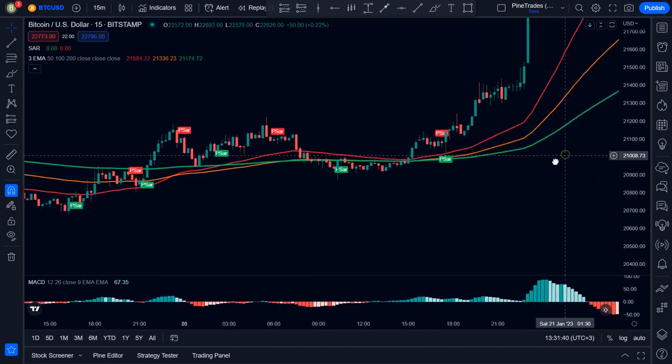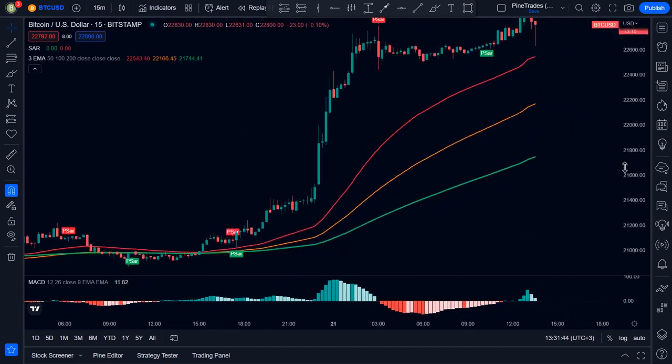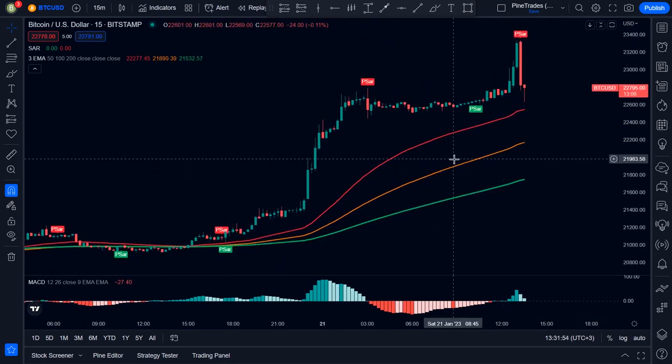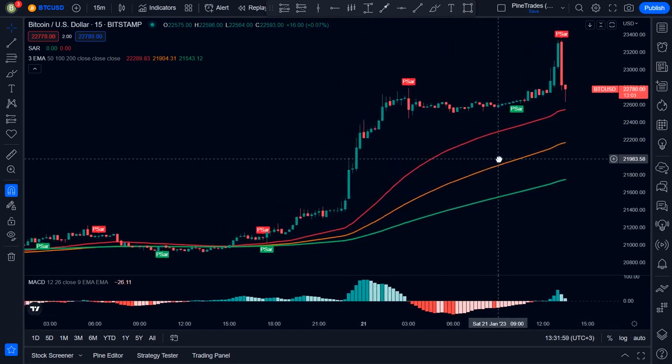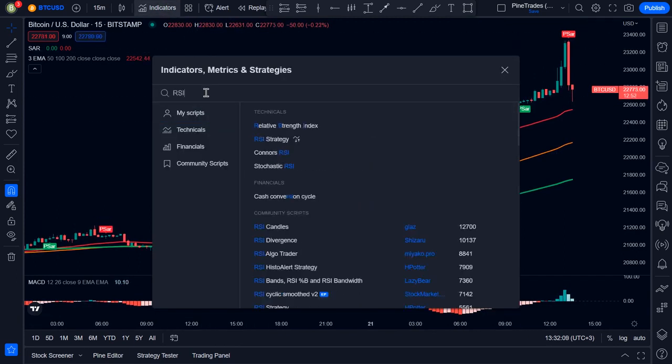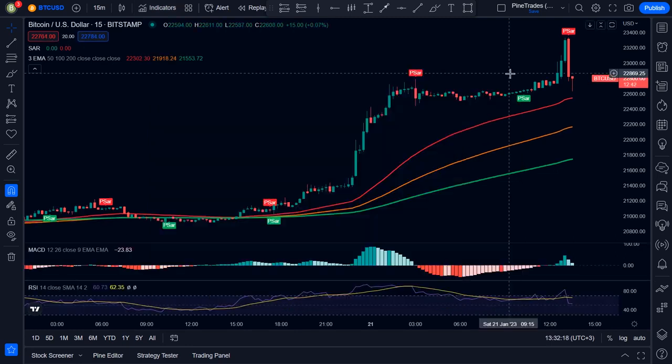Now, our strategy setup is so much better, but we need to add one more indicator to prevent us from taking trades when the market is oversold or overbought. That indicator is called RSI. Select this one that says Relative Strength Index. Click here to access the settings panel.